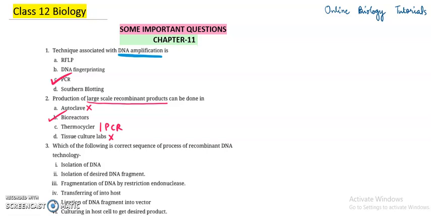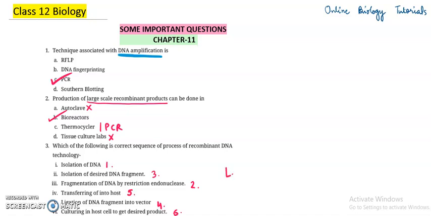Next question is, which of the following is the correct sequence? Now this question may come as, what is the sequence for the process of recombinant DNA technology? So we know that this happens first, isolation of DNA, then we cut it, then we separate the fragments, then we ligate them, then we transfer them, and ultimately the host is cultured.